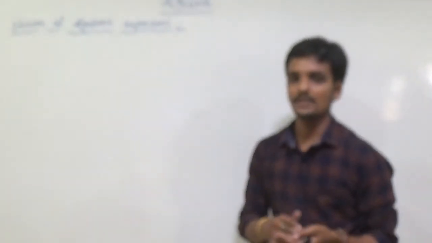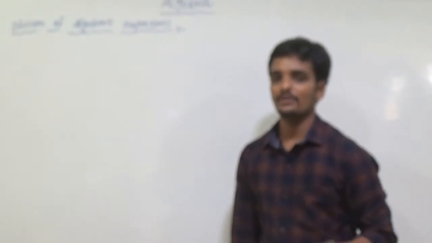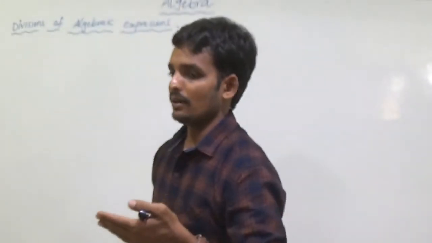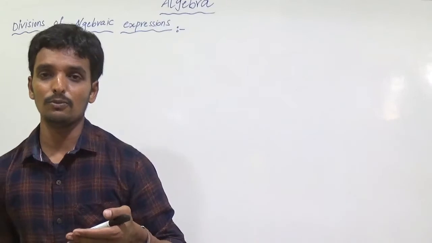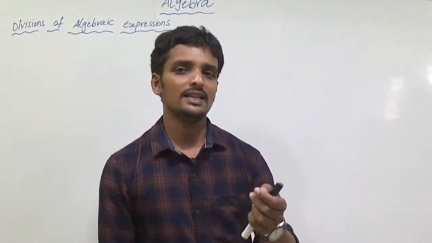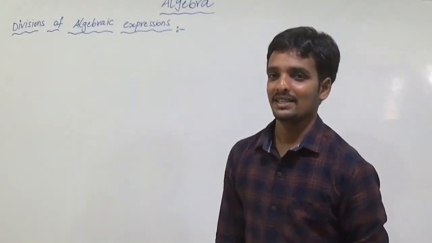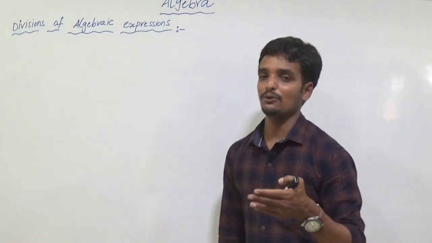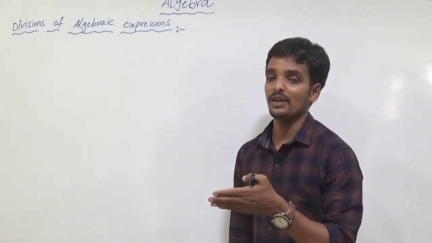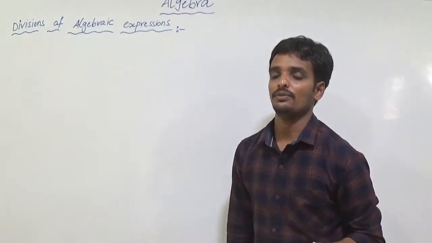Divisions of algebraic expressions is completely different from additions, subtractions and multiplications. This is somehow easy and somehow tough. A binomial, trinomial or multinomial divided by a monomial is easy, but a multinomial or trinomial divided by a binomial is somehow tough.